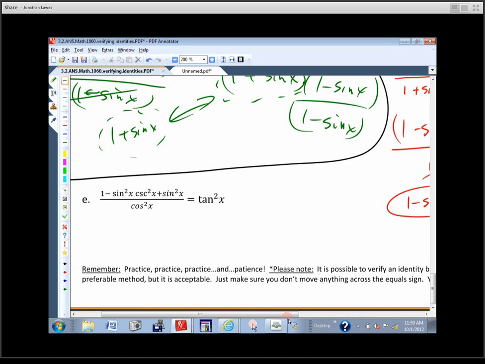I'm going to flip the light on. My gosh, look at all those functions floating around there. Trig functions squared. Maybe we'd have to use a Pythagorean identity to figure this out.